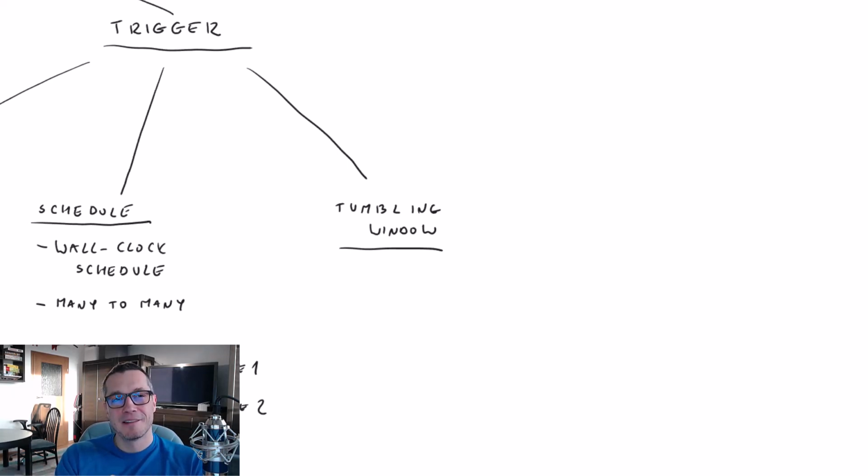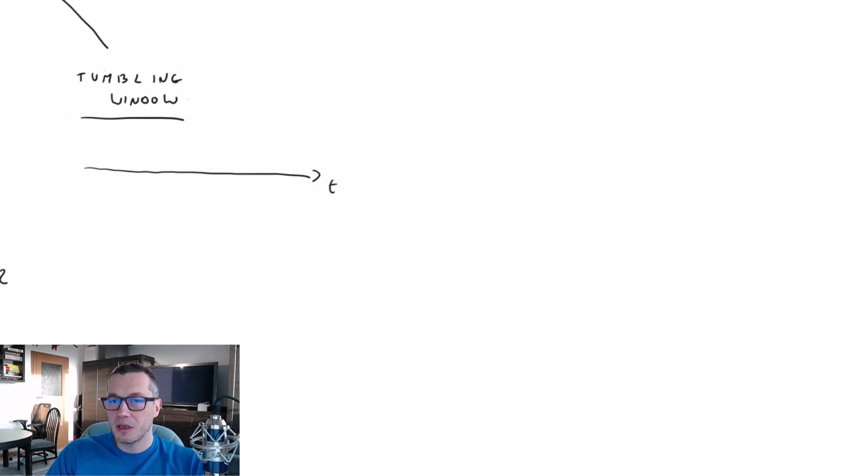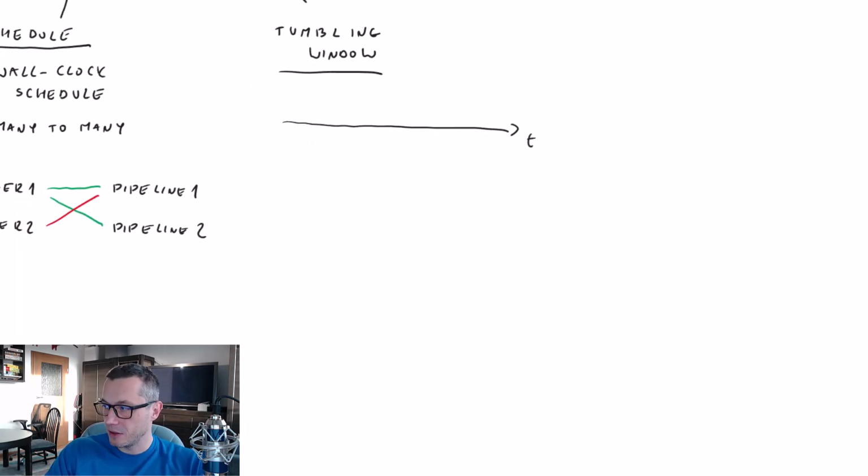And how does it work? Basically, in the case of a tumbling window, we split the whole timeline into equal parts, into equal intervals.